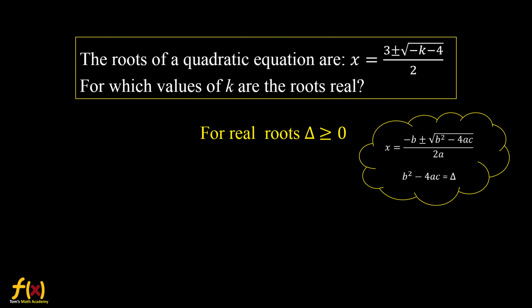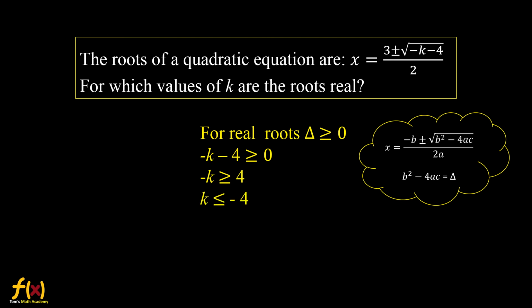For real roots, the b square minus 4ac, that is called delta. So the term under the square root is b square minus 4ac, that is given a symbol delta. So we start the answering like that. For real roots, delta must be greater than or equal to 0, meaning here it is minus k minus 4 greater than or equal to 0, minus k greater than or equal to positive 4.